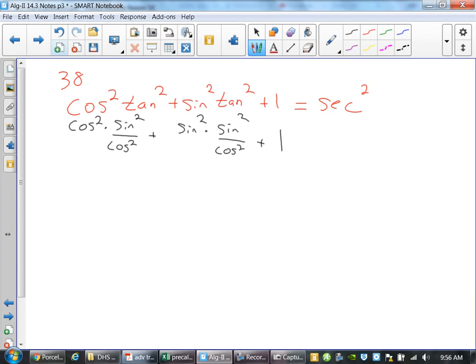All I did there was change the tangents to sines and cosines. Got it. That's it, you're done. It equals secant squared. Yay, go to the next problem.